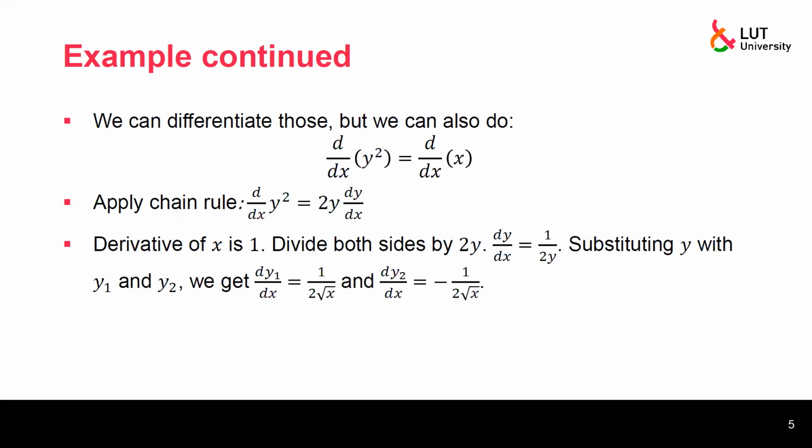And divide so that we get dy/dx on one side, and we can tell that dy over dx is 1 over 2y. And now y was the function, so if we put in the options y1 and y2, substituting minus square root of x and plus square root of x, we get the derivatives that way as well.